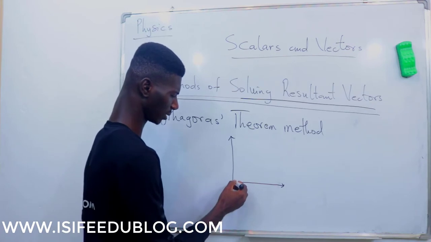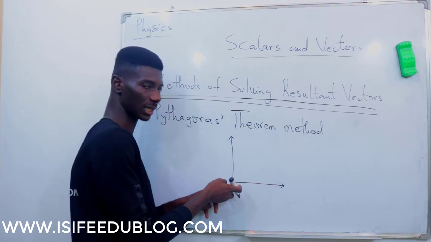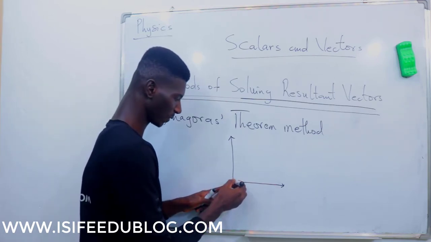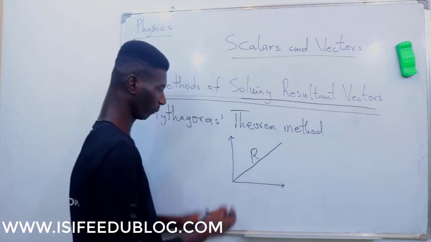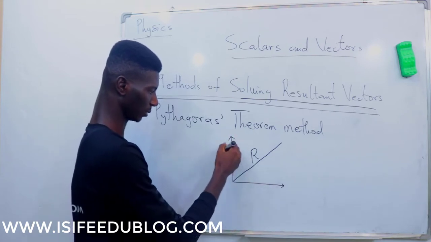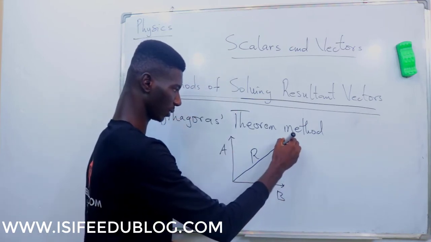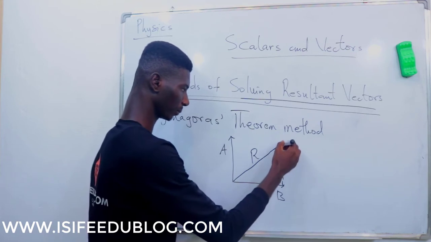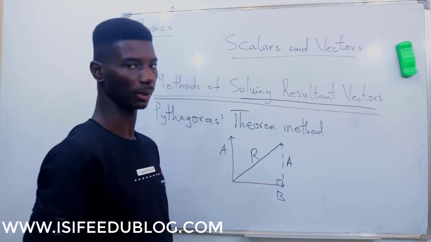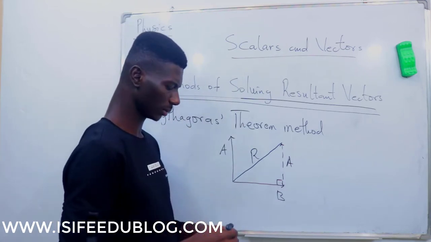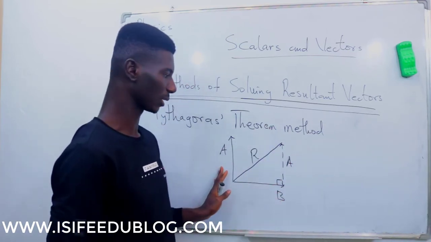The resultant vector always comes from the point of intersection where the forces are acting. So if I bring out this resultant vector R, if here is vector A, for instance, and this is vector B, this forms a right-angled triangle. So the Pythagoras theorem, you use it to solve for the resultant when the diagram forms a right-angled triangle.